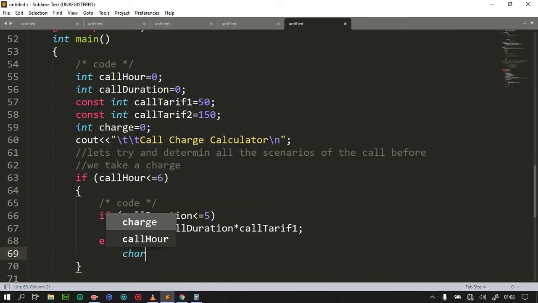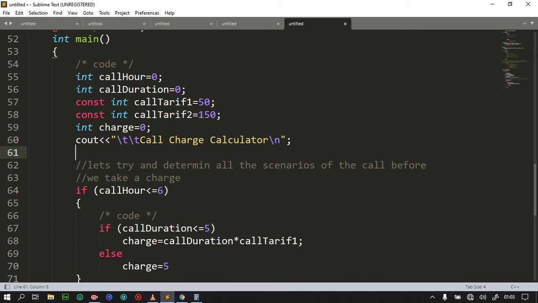So charge is gonna be, we shall say maybe, charge is gonna be, what are we missing here?